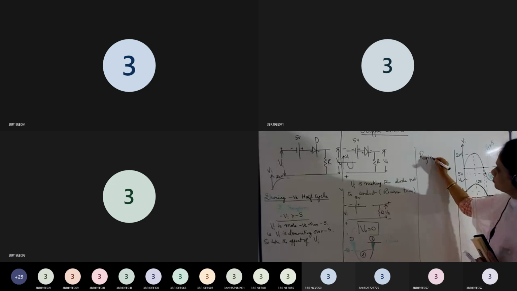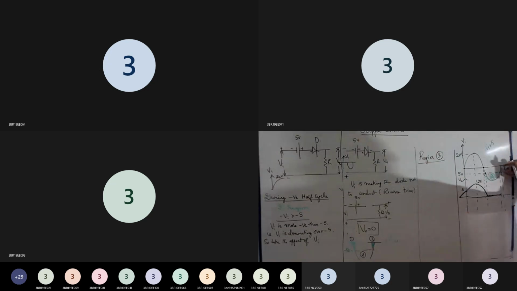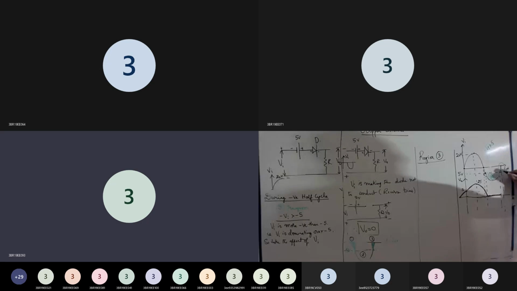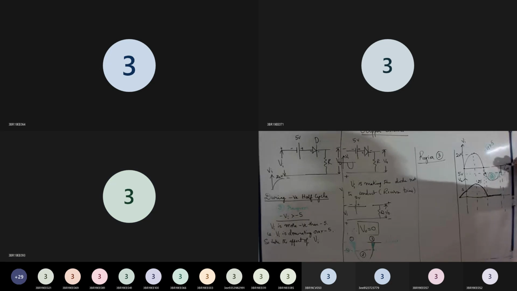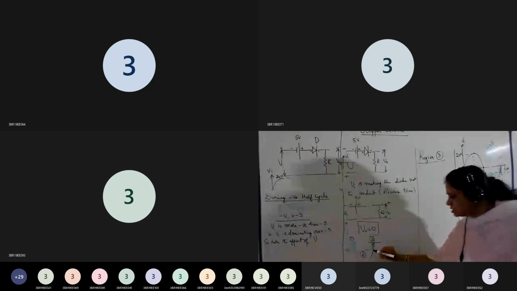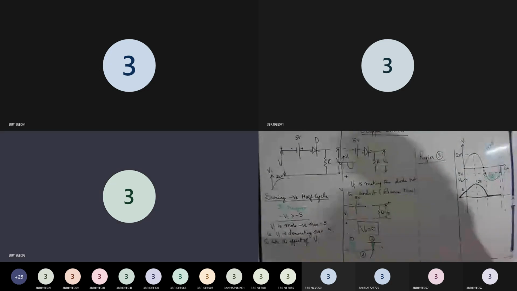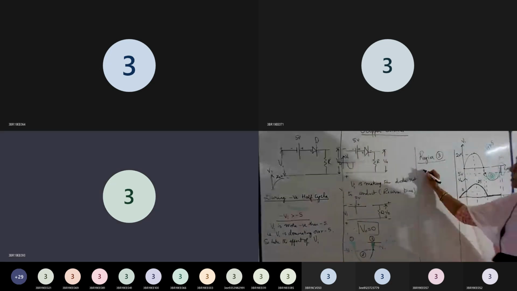Region 3. So this region, correct? Yes, ma'am. If this is the minus 5 line and this is VI, what's the relation between minus VI and minus 5?